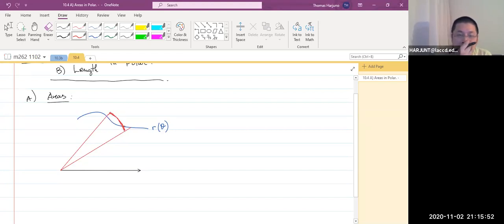And the area of the sector will be, if you remember the sector area formula: if this is theta and this is r, the area equals 1/2 theta r squared.